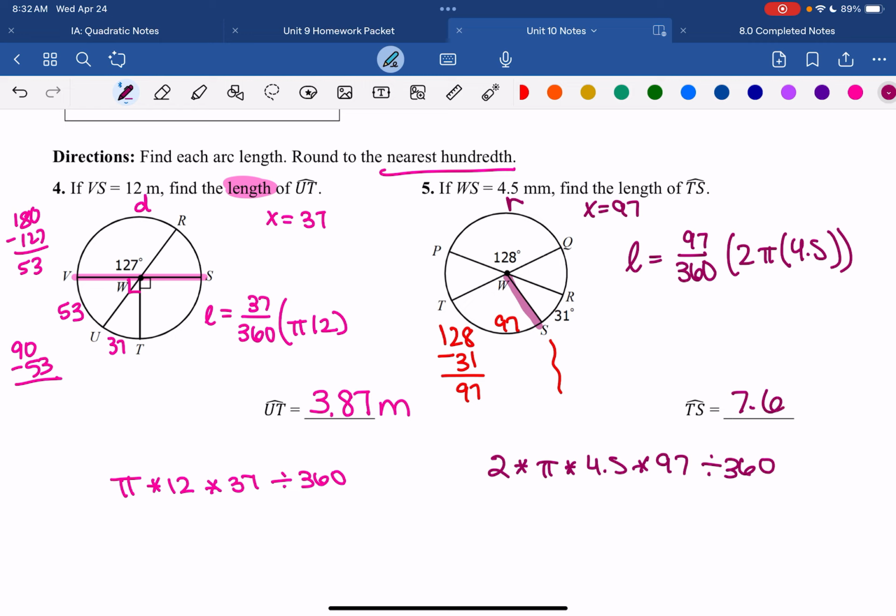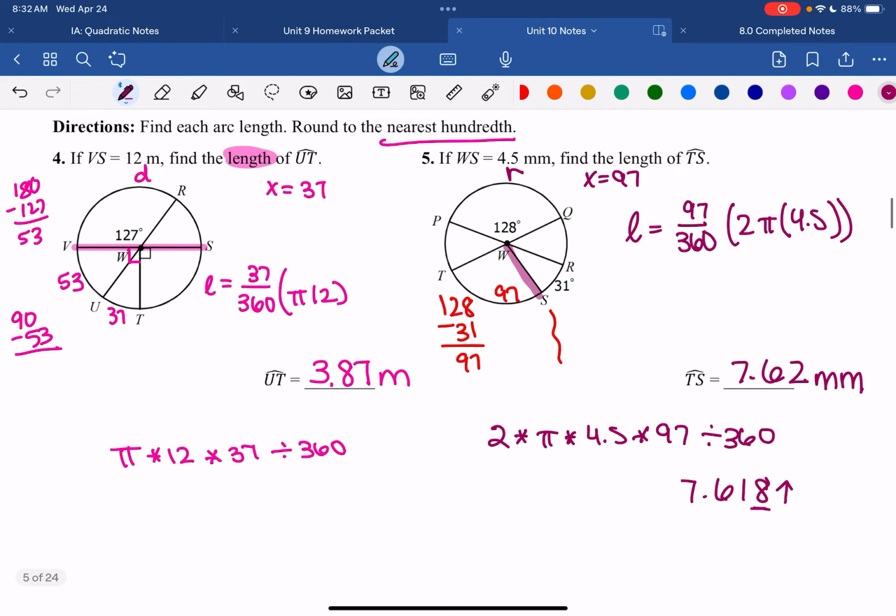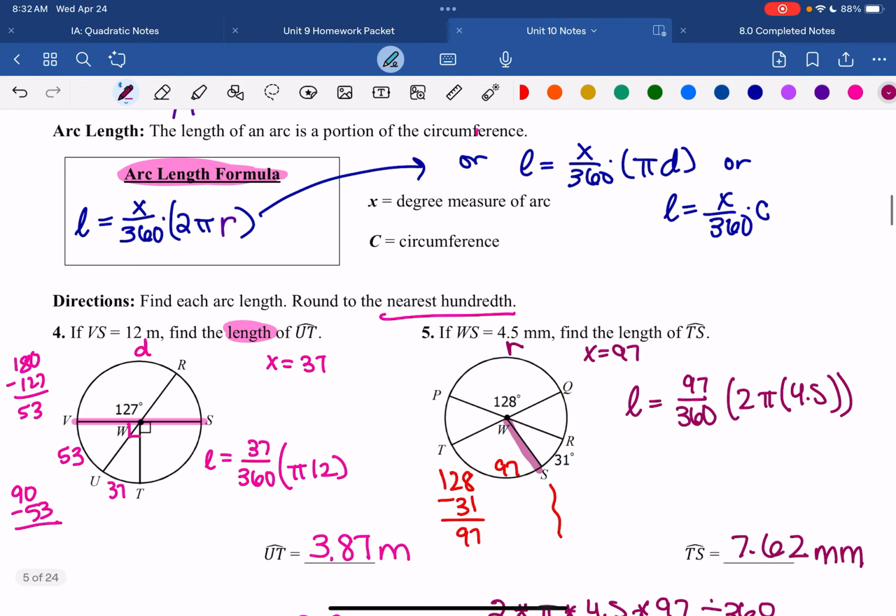So I got 7.62, because it was a 7.618, but the 8 tells us to round up. And then my unit, millimeters. And that is it for 10.3 notes on arc length.